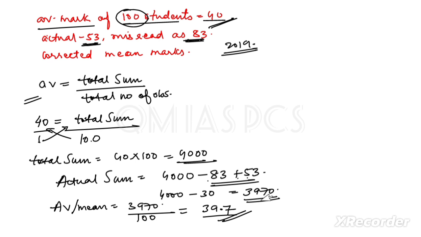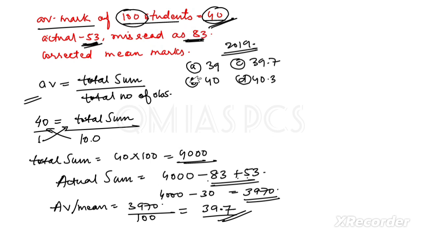Now one more thing. I'm giving you one more concept. The options were: A was 39, B was 40, C was 39.7 and D was 40.3. Now I'm giving you the idea of eliminating options. It was given that the average was 40. The actual value was 53, but the value used was 83.